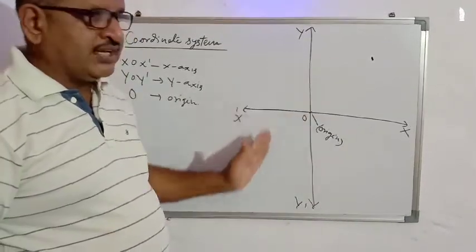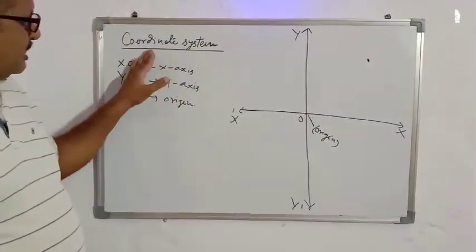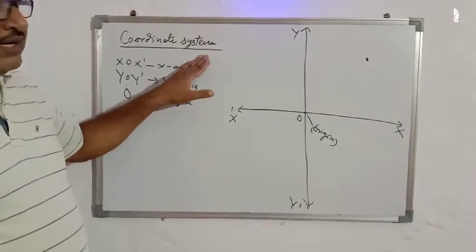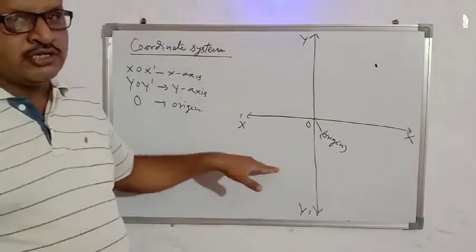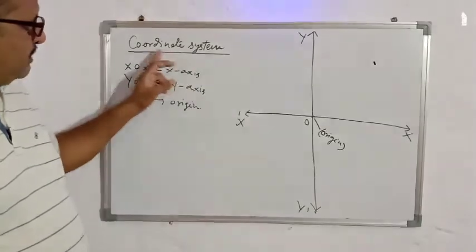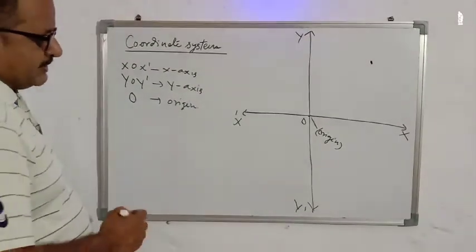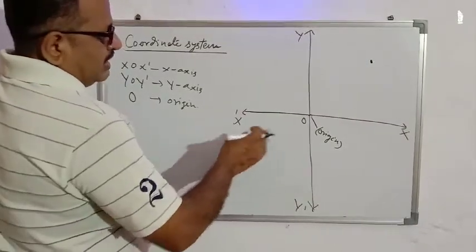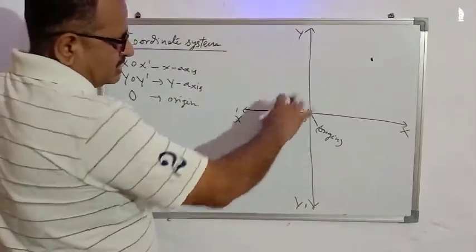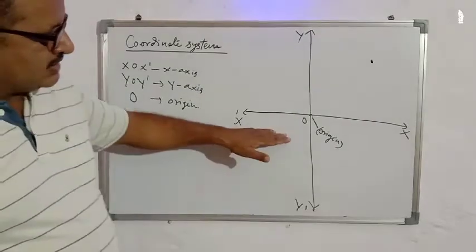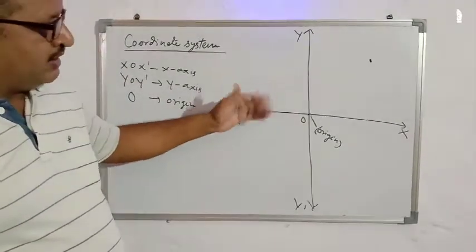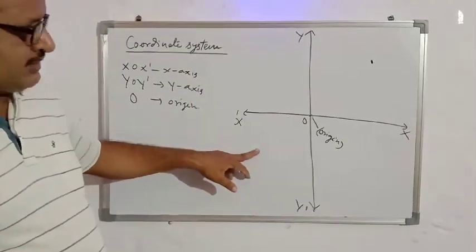So this configuration is called the coordinate system, or Cartesian coordinate system. The x-axis and y-axis taken together are called the coordinate axes.